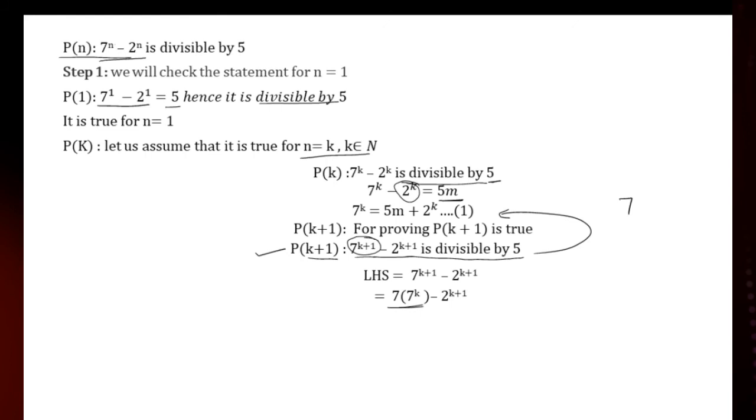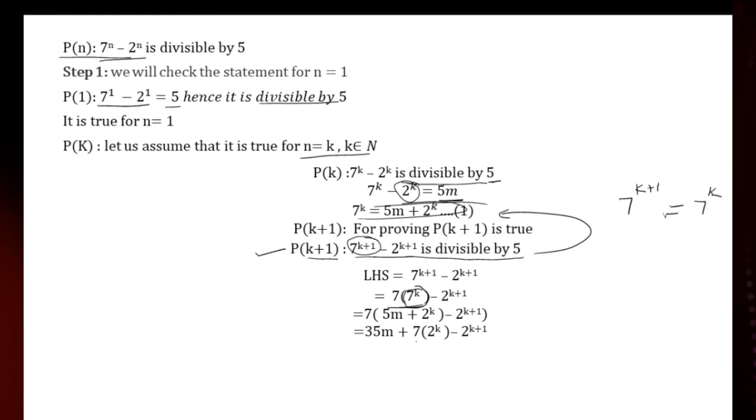Base, if I split, I can say 7 raised to power k into 7 raised to power 1. And let's put the value of 7 raised to power k from equation number 1. So it will become 7 into 5m plus 2 raised to power k. And on simplification, I'll get 35m plus 7 into 2 raised to power k minus 2 raised to power k plus 1.